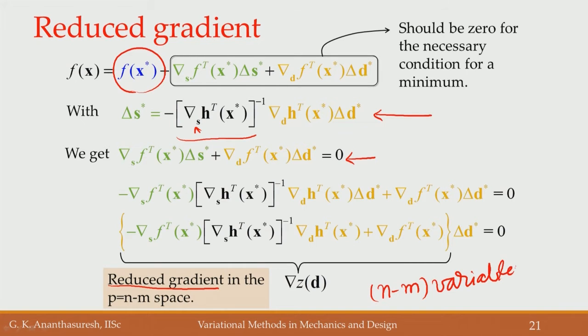Instead of the n variable space, we eliminated m perturbations which we called solution variable perturbations. So, we are left with n minus m; it is called reduced gradient, it is in a smaller space.